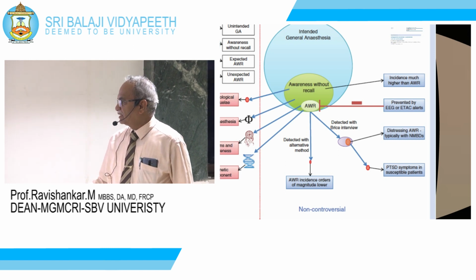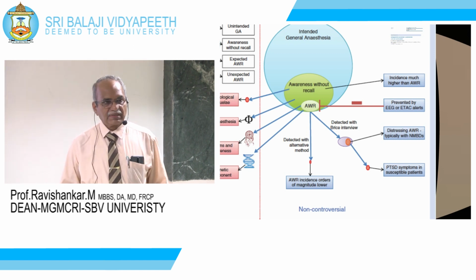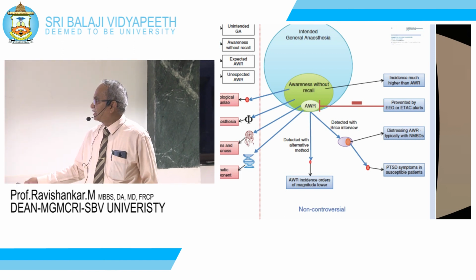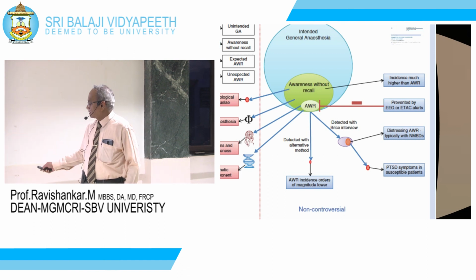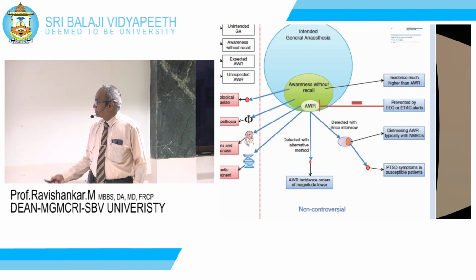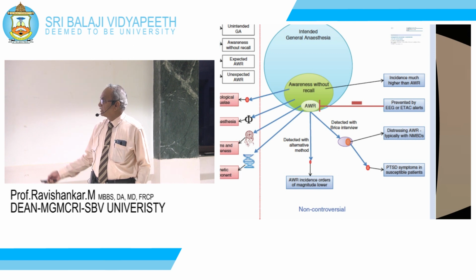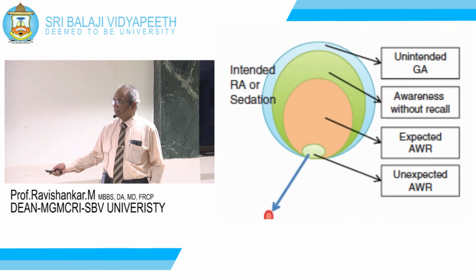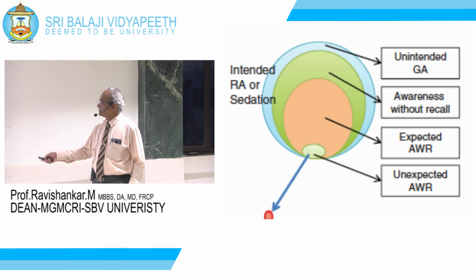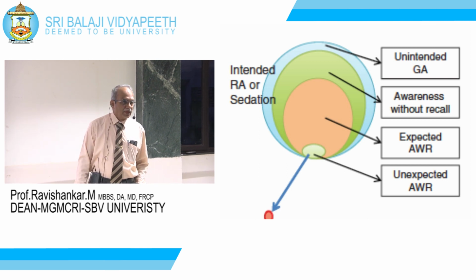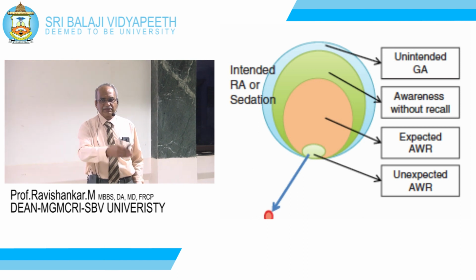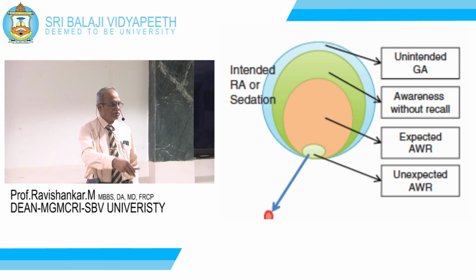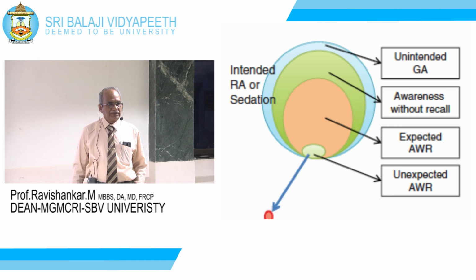Awareness with recall incidence, by orders of magnitude, is much lesser than awareness without recall. All these are non-controversial, but what is controversial? Still not yet established: intended regional anesthesia with sedation, which you convert into unintended GA. Because you say that something is not working and this patient is having this, that patient is having that, so I am going ahead and anesthetizing the patient.